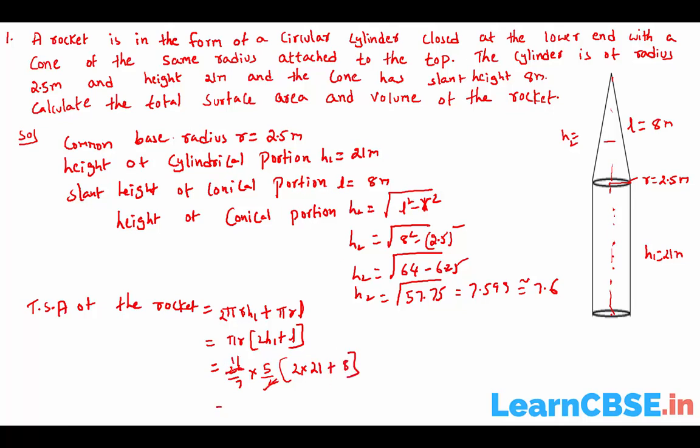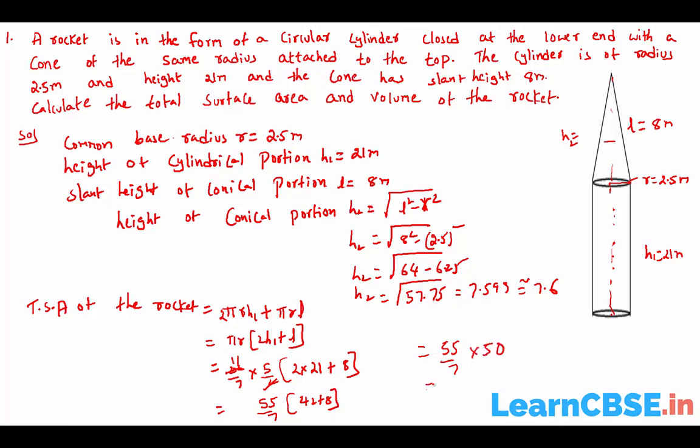Then you will get 11 fives are 55 by 7 into (42 plus 8), 2 into 21 is 42 plus 8. That means 55 by 7 into 50.